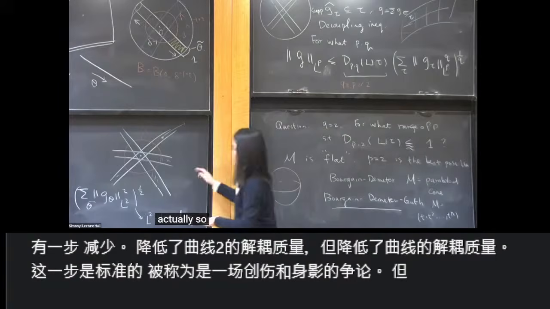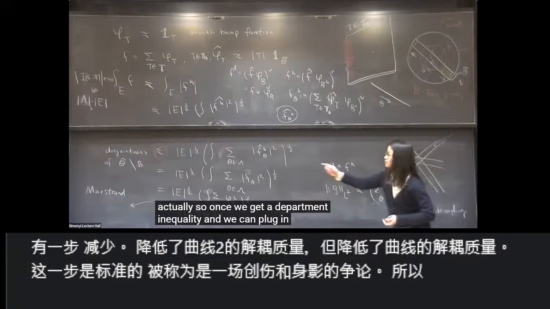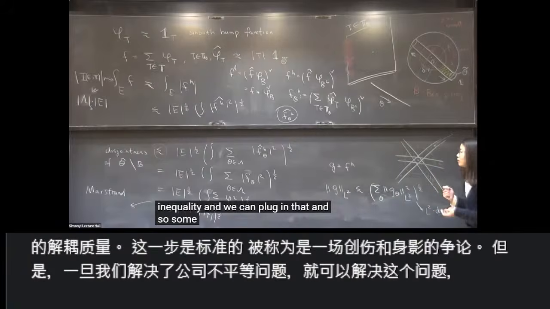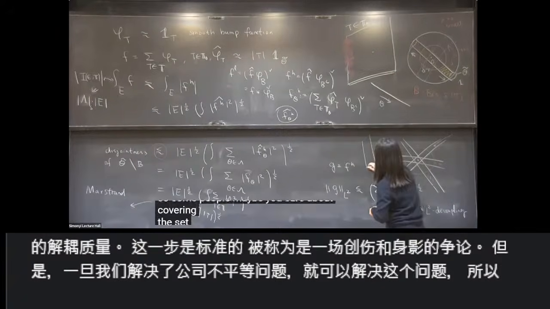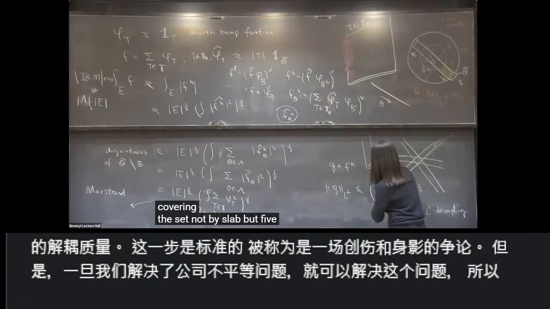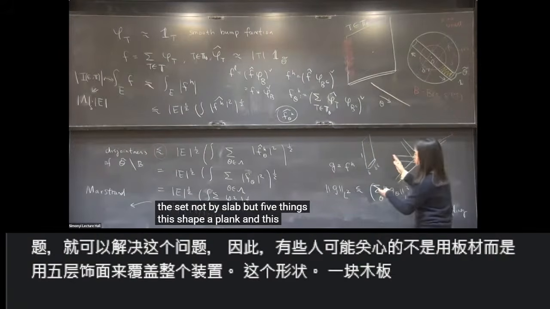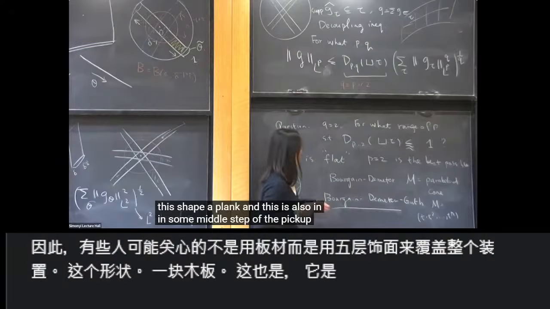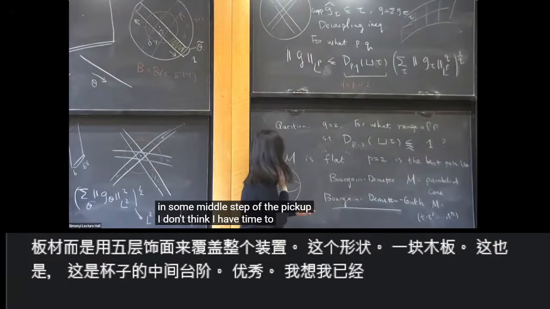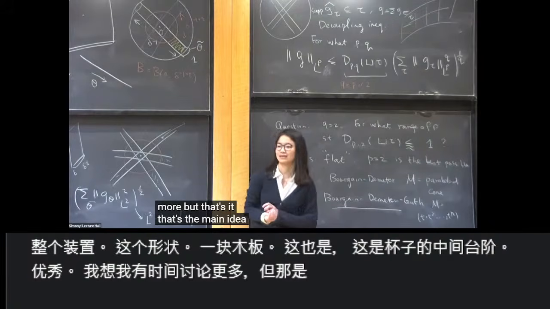So once we get a decoupling inequality, then we can plug in that. And some people maybe care about covering the set not by slabs but by things of this shape, planks. And this is also in some middle step of the decoupling. I don't think I have time to discuss more, but that's the main idea. Thank you.